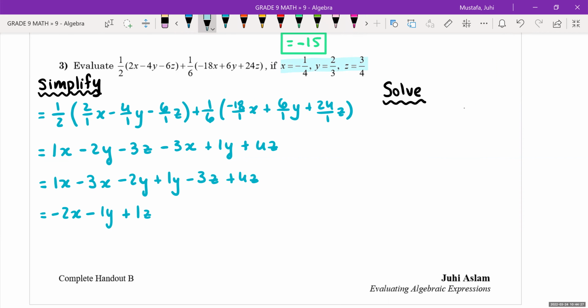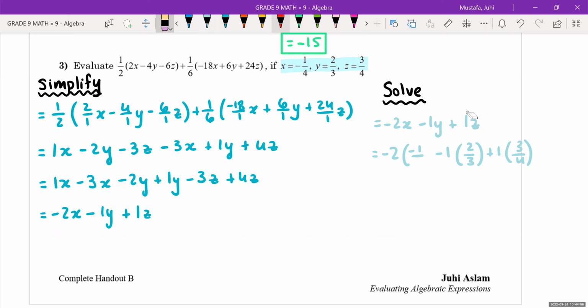So I'm just going to rewrite the question at the top over here. We have -2x minus 1y plus 1z. I'm now going to substitute it in. So our value for x is -1/4. Our value for y is 2/3. And our value for z is 3/4.